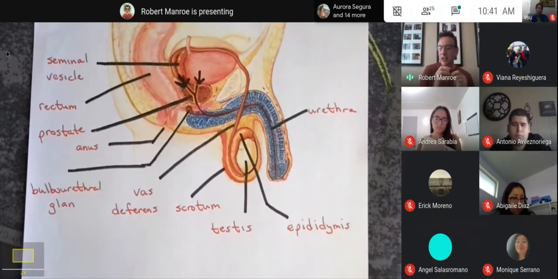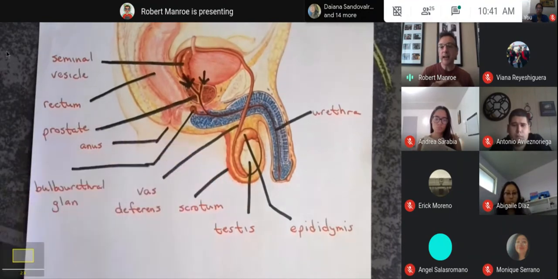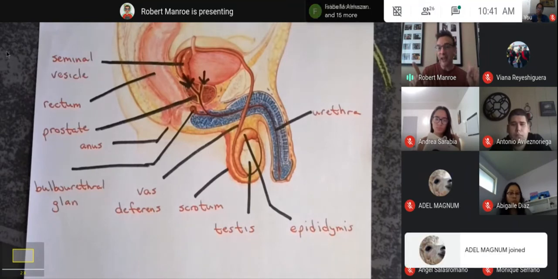The tissue for the ovary and for the testes start as the same tissue. The tissue for the penis and the clitoris start as the same tissue. The scrotum and the labia start as the original tissue. So in females, the oviduct, and in males, the vas deferens start as the same tissue.